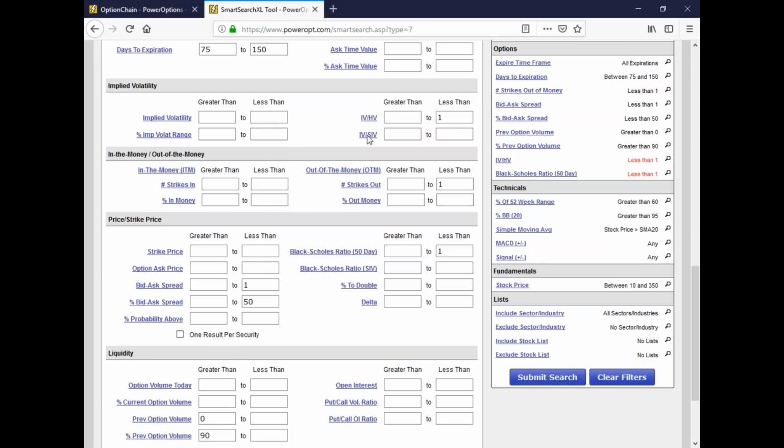Now, you probably all saw another number there that I didn't cover when we were on the call research page, and that's this IV over SIV, or Black-Scholes ratio of SIV. What is SIV? HV, historical volatility, refers to the stock, whether you use a 20-day, 50-day, or 100-day. IV, of course, refers to the implied volatility of the specific option you're looking for. SIV is the stock's implied volatility.